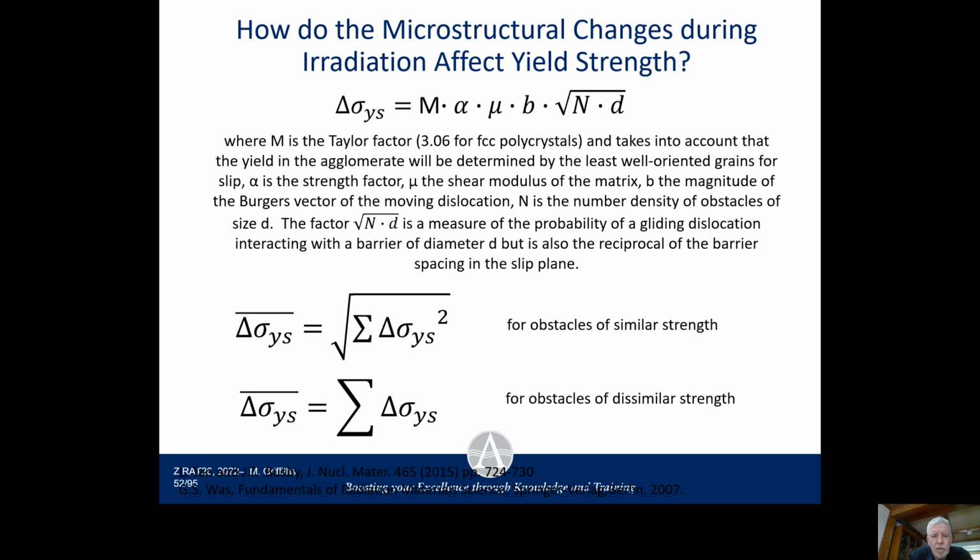The neighboring grains, which also have to shear, are constraining it. So in effect, what happens is that the whole material has to be conformal in how it deforms, and that in effect raises the yield strength. And typically, what's applied is a Taylor factor, which takes into account the need to have compatibility of strain between different grains.